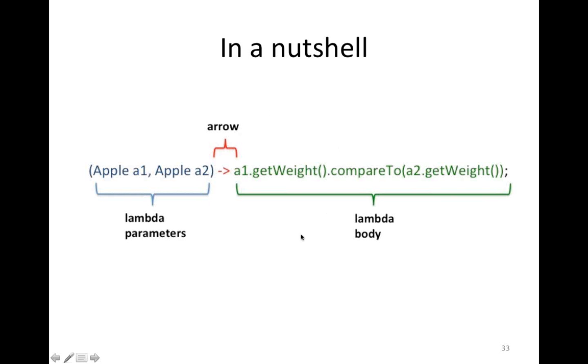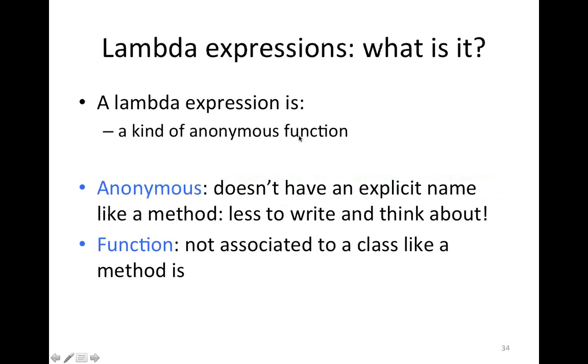So this is what the syntax of a lambda expression looks like. You've got a list of parameters, which are the lambda parameters on the left-hand side. Then you've got a little piece of syntax, which is just an arrow, followed by the body of the lambda expression. So this is how you can recognize it in your code. So let's drill down in the definition a little bit to really understand what it is.